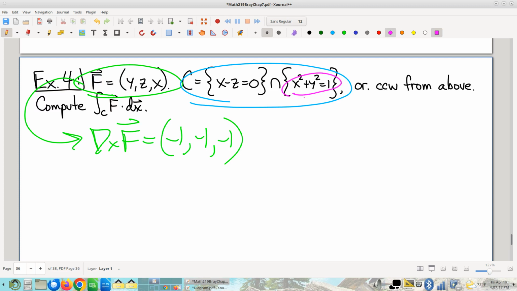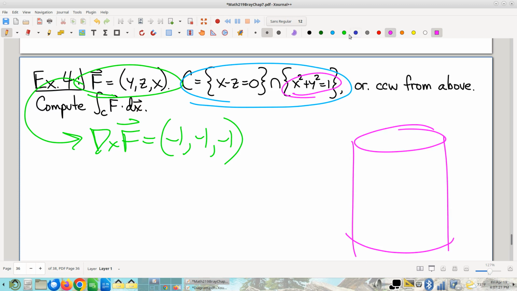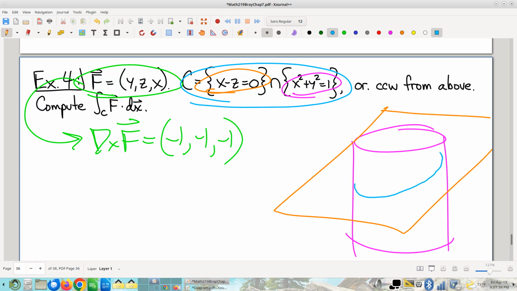We have clearly a cylinder and a plane again. Now this is a different plane. And that intersection again is going to be kind of an ellipse. Something kind of like that.